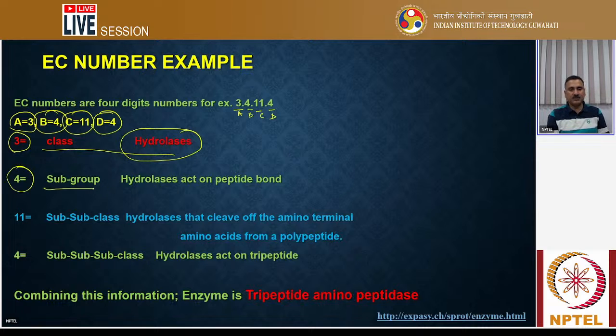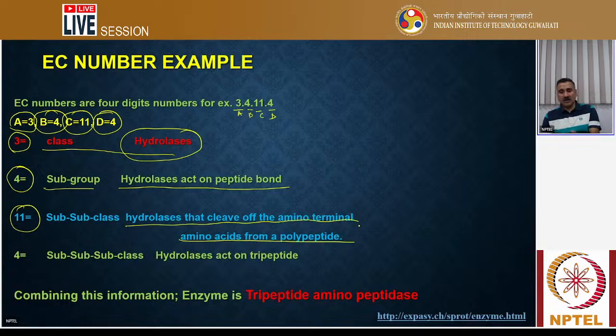So these are the subgroups, and this subgroup says that these are the hydrolases which are going to work on the peptide bond. Then within the subgroup you have a further subgroup, which is going to cut after a particular amino acid of the polypeptide.